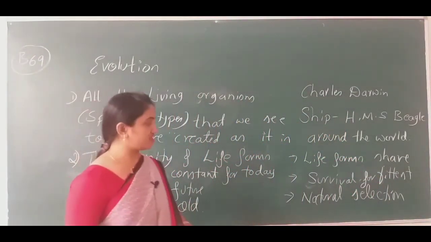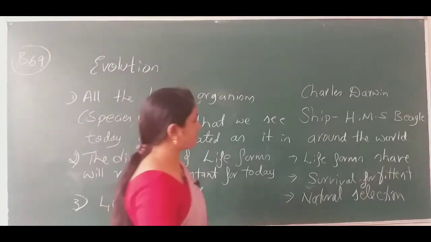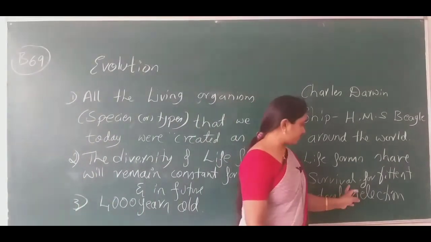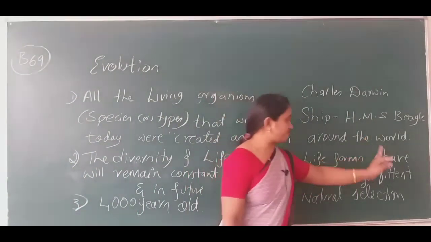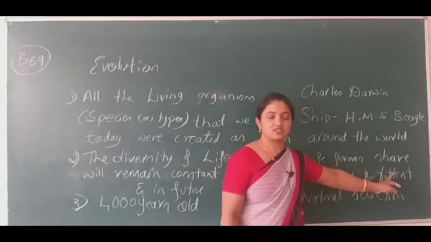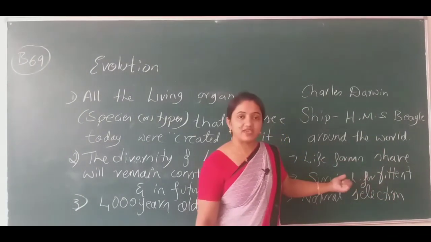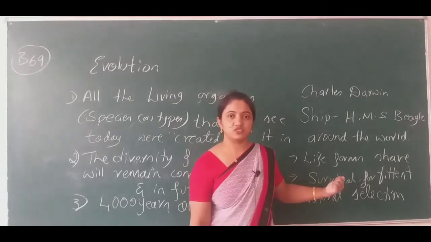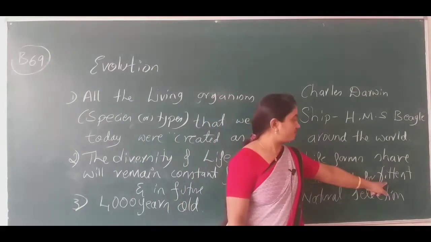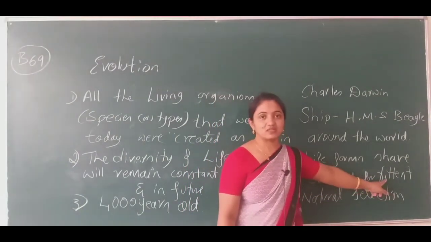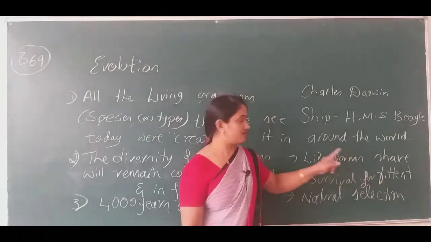Survival of the fittest: what do the organisms have to do? If they want to survive, they have to be fit. If they want to gain food, to consume food, they have to be fit, otherwise they will be killed.